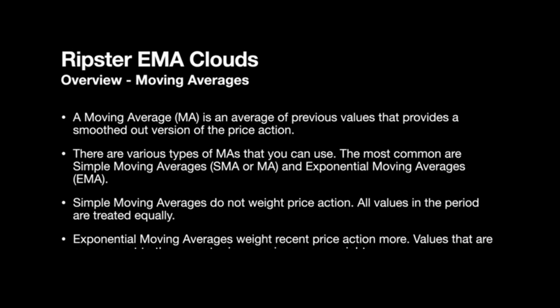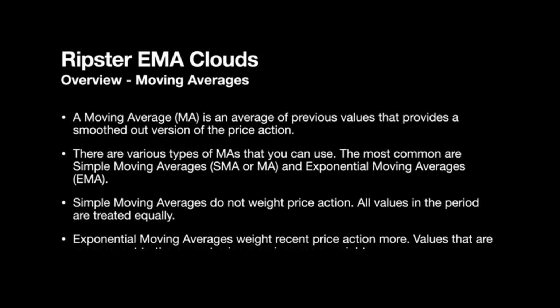And for common exponential moving averages, you can also use those same numbers. And then some people like to use Fibonacci, so 5, 8, 13, 21, 34, 55, 89, etc. And then a variety of different ones you can do in between. So there's no rules around which numbers you can use. You can use whatever you like, whatever works for your system. And we'll walk through some of the ones that Ripster uses and the ones that I use as well.